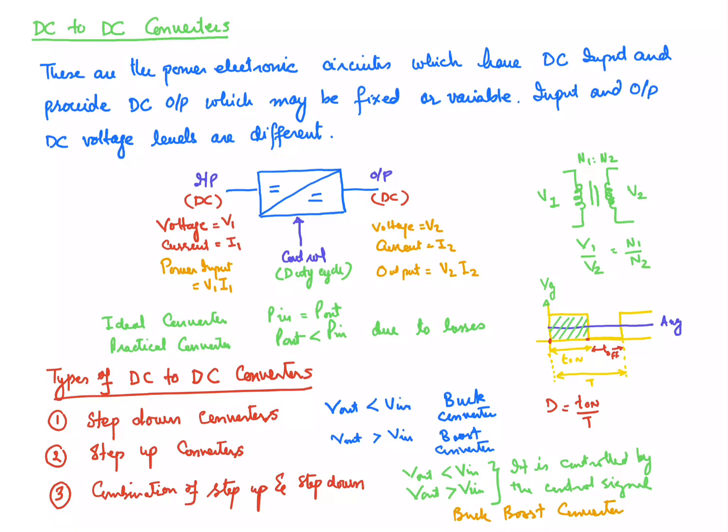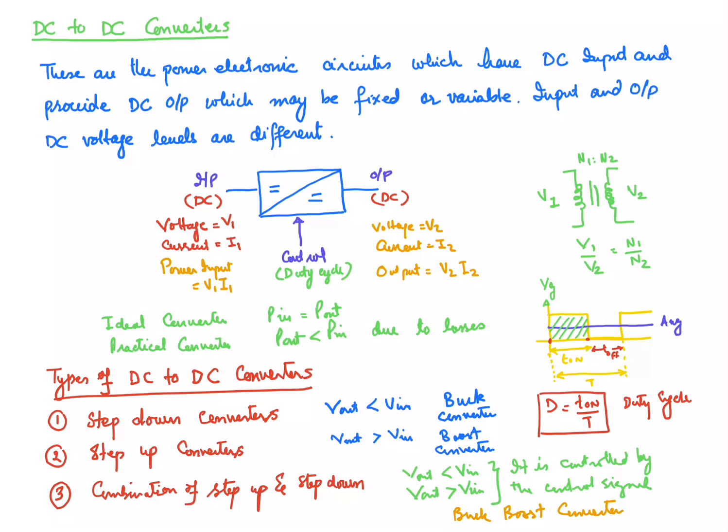So this is your control signal, and you control the duty cycle, that is the ratio of the on time to the total time. And by controlling this duty cycle, you can control the output voltage of this converter.